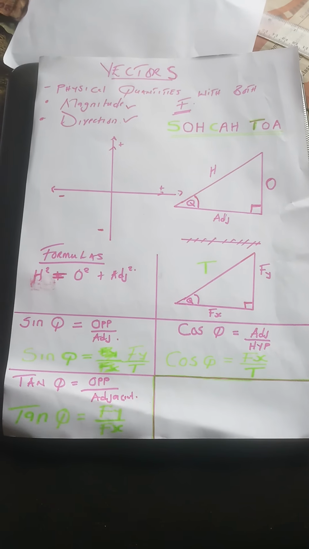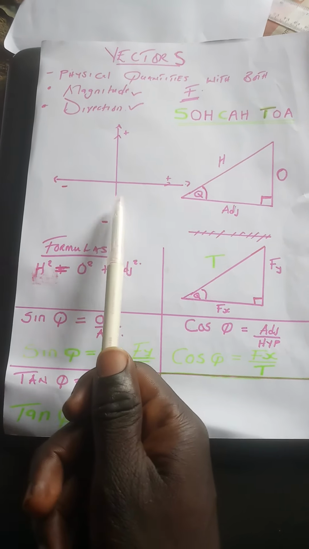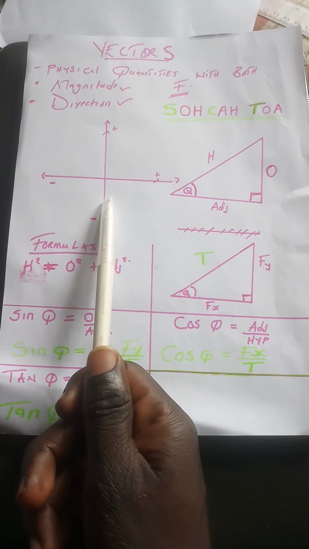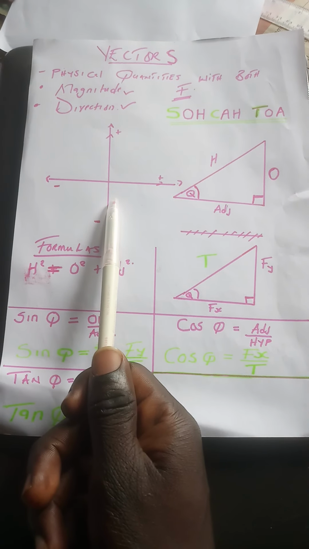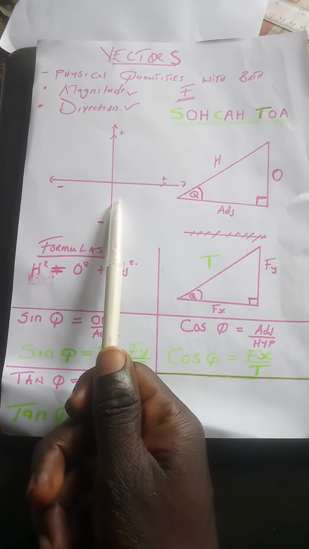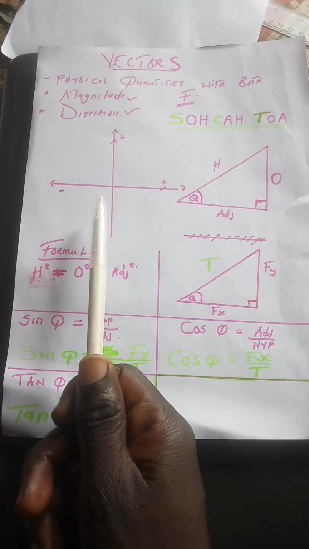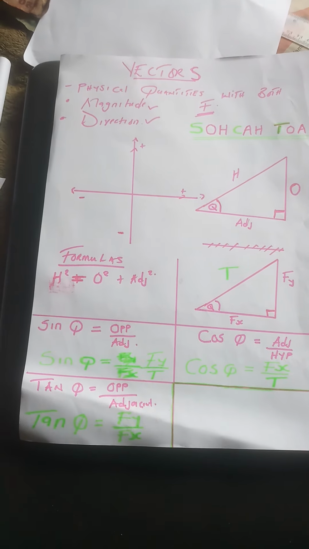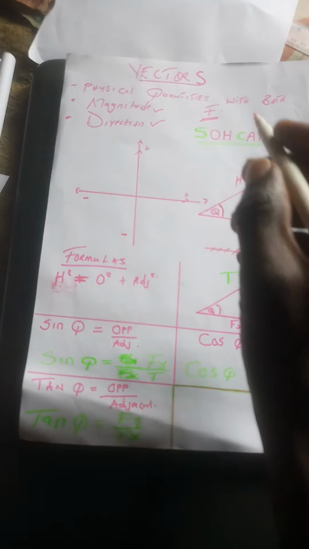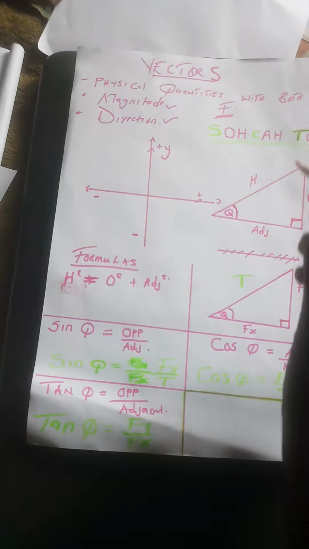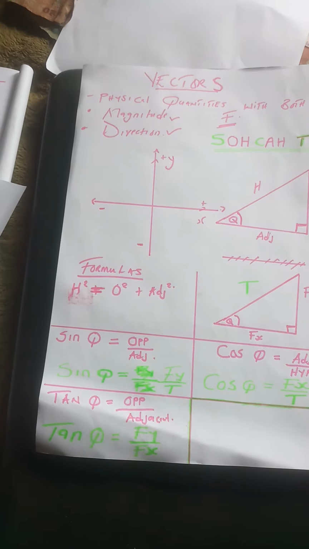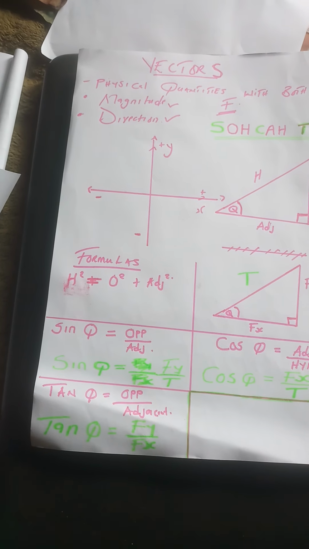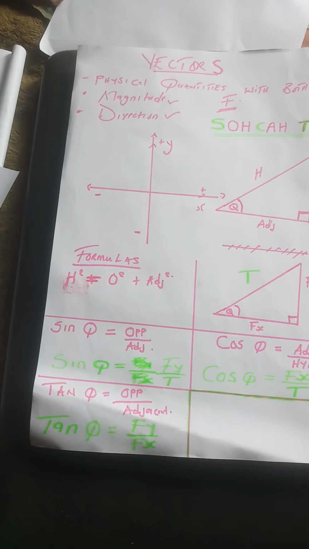This one is a Cartesian plane, which is also known as an x-y plane, and it is composed of two axes, the y-axis and the x-axis. This Cartesian plane has four quadrants.